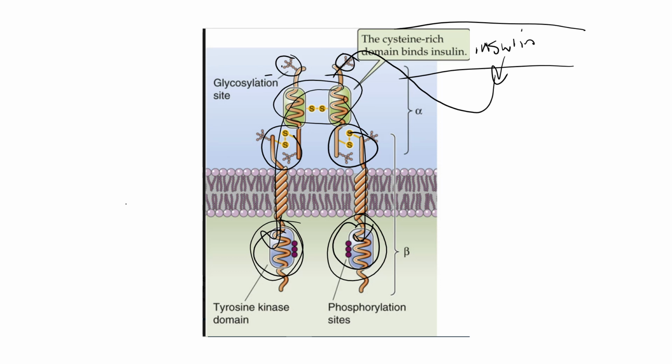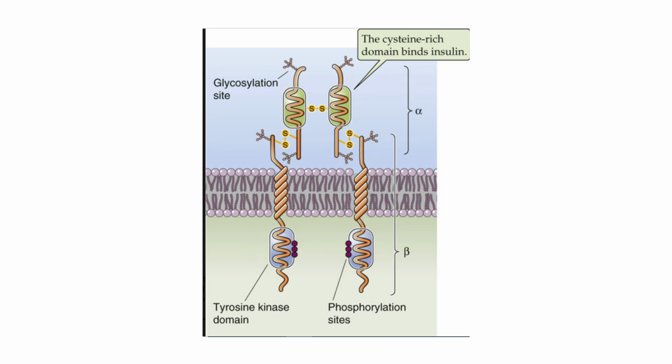There's certainly more to the overall structure of the insulin receptor than just the tyrosine kinase domains located on the beta subunits, but that's going to be the most important part of the receptor for reasons that we'll discuss right now. So again, insulin binding to the alpha subunits ultimately activates the tyrosine kinase domains located on the beta subunits, again on the intracellular side.